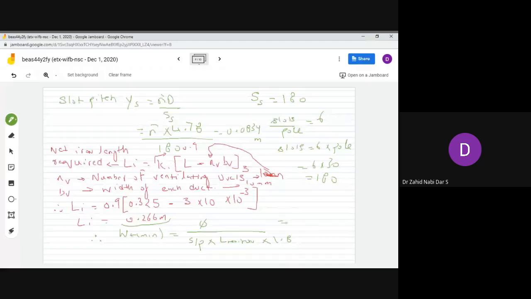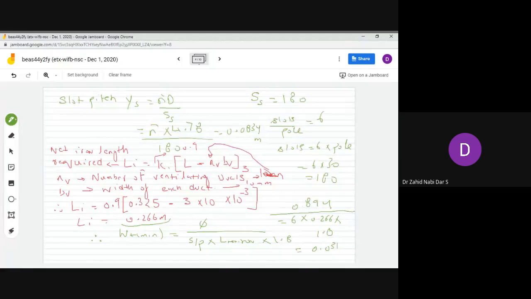So you have the value of flux, you have the other things calculated, so you write directly 0.894 divided by 6 slots per pole, 6, into 0.266 into 1.8.